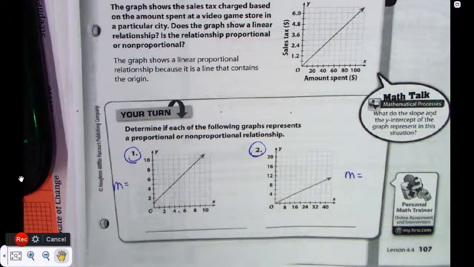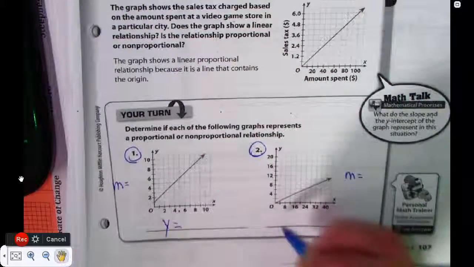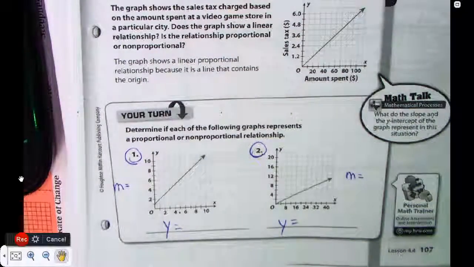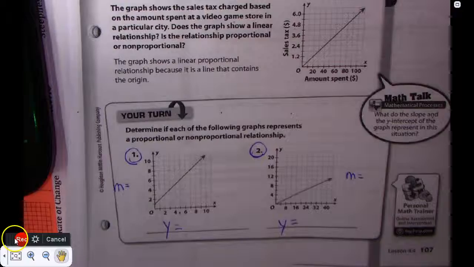You pick 2 points. You find the slope. And then you're going to write the equation. It might be in y equals kx form or y equals mx plus b form. But they're both linear, so we know it's going to be in one of those forms. Do that, and then we're going to check it.